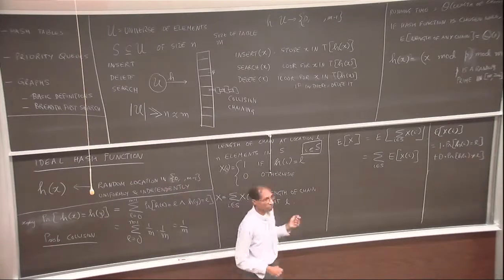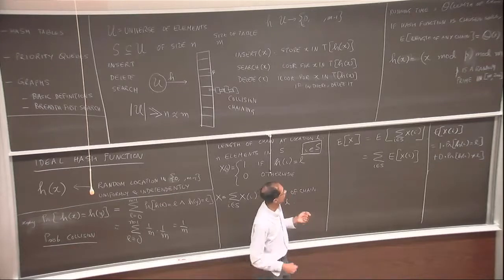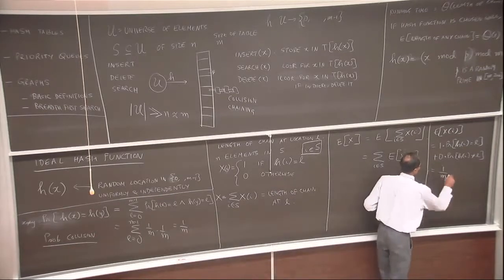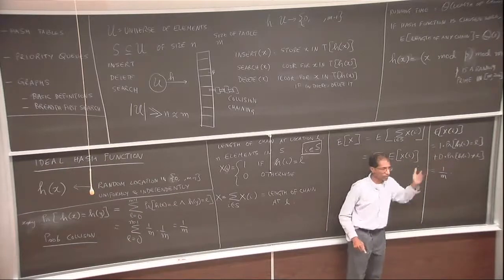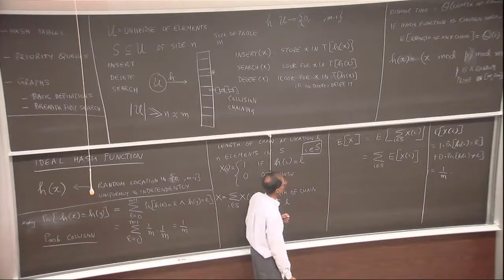What is the probability that h(i) is equal to l? 1 over m. So what is the expectation of x_i? 0 times anything is 0, plus 1 over m.